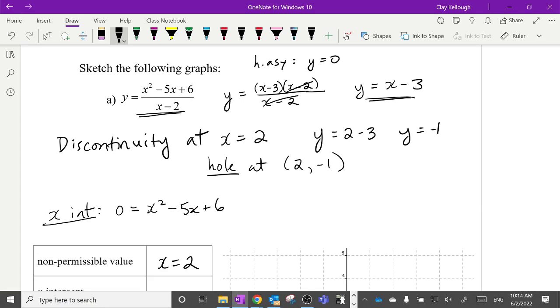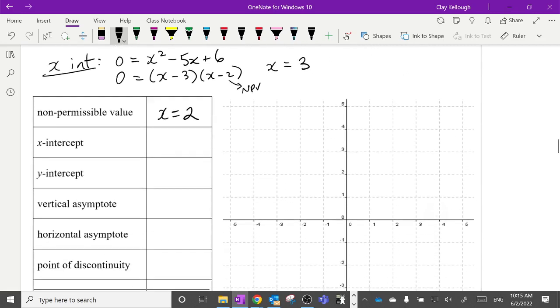Okay, so let's see. I have x-intercepts there at x would be minus 3 and x would be minus 2. But, oh yeah, wait a minute. This is not a permissible value. X can't be 2, so I really only have an x-intercept at 3, right? Because that one's my non-permissible value. So x equals 3 is my x-intercept.